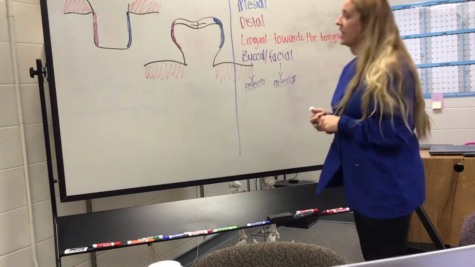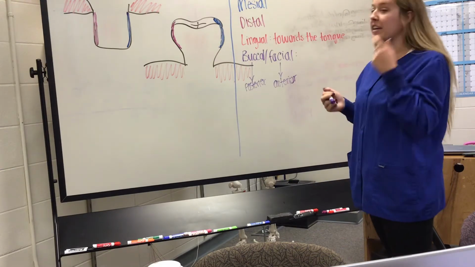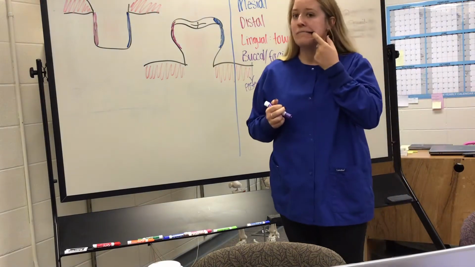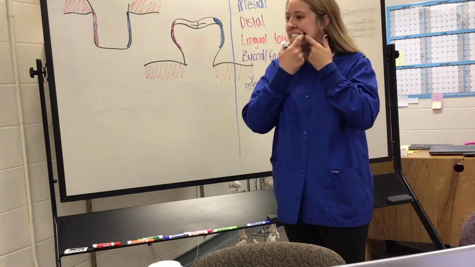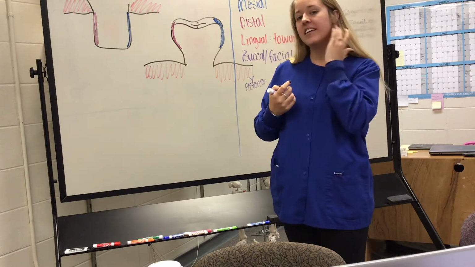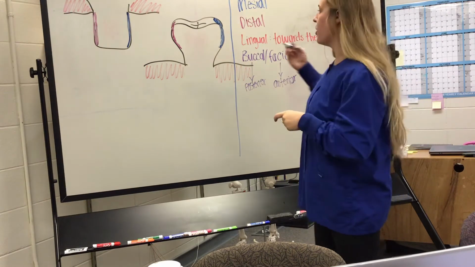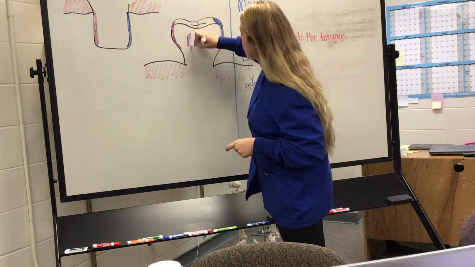So if we were looking at the tooth from the outside of the mouth, and we were looking at the back tooth, almost if I pulled my cheek out, I can see this side without looking inside the mouth. I can see the outside, which buccal means closest to the cheek. So this would end up being my buccal surface.